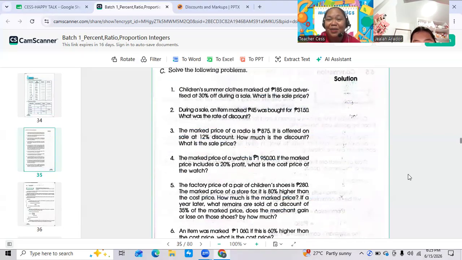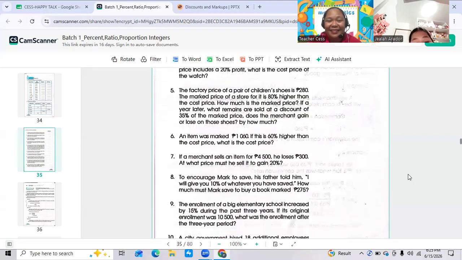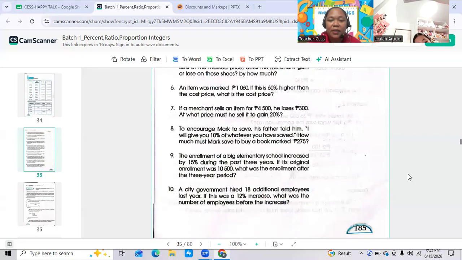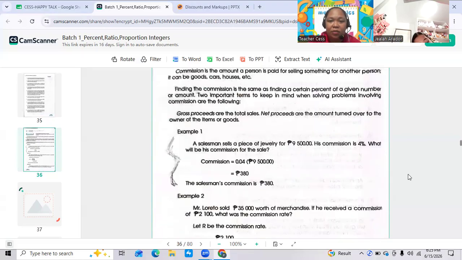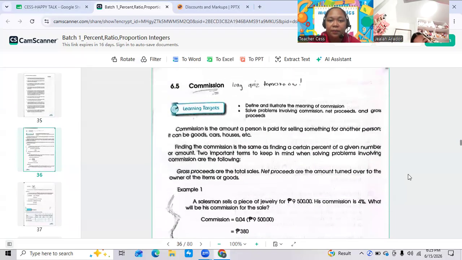Actually, this is similar to discount. The difference between discount and markup is, after you get the percentage of markup, you will add it naman po to the original price. Unlike the discount, you subtract it, right? Yes.